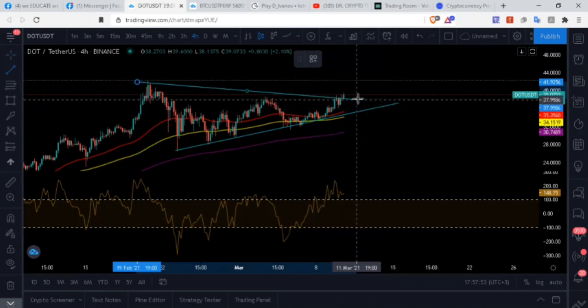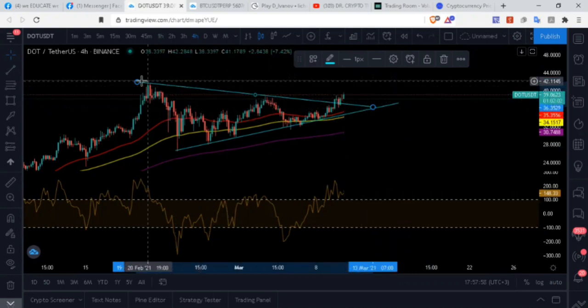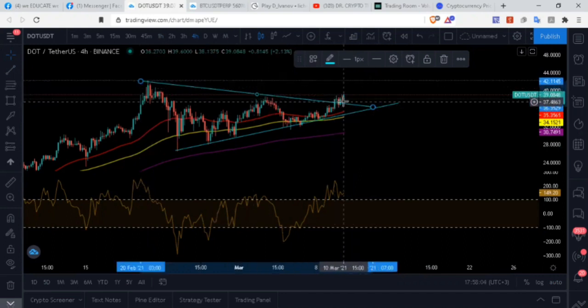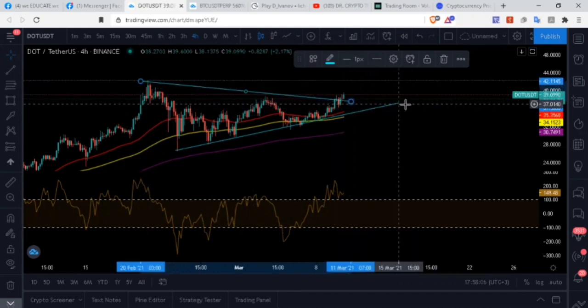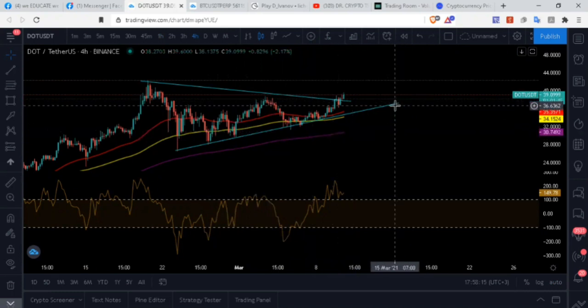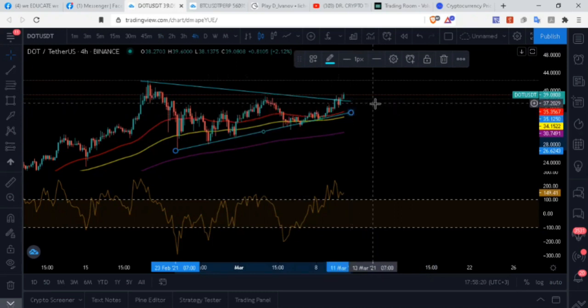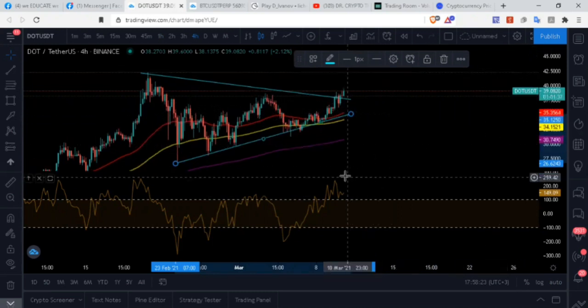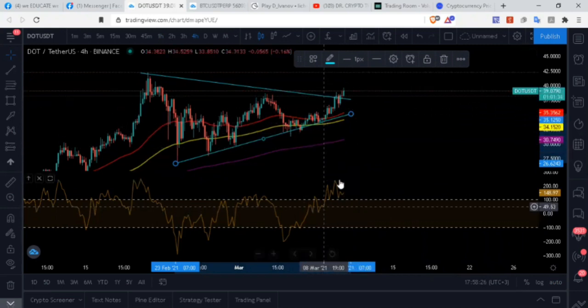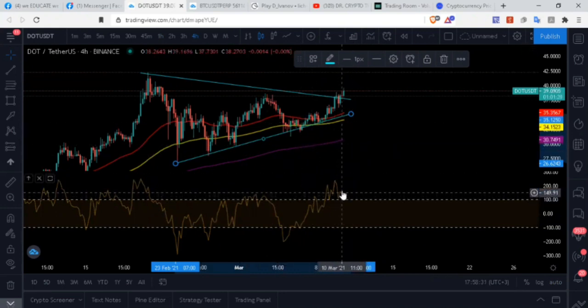Here, it's already a breakout. Here, we touch this. Already broke out.